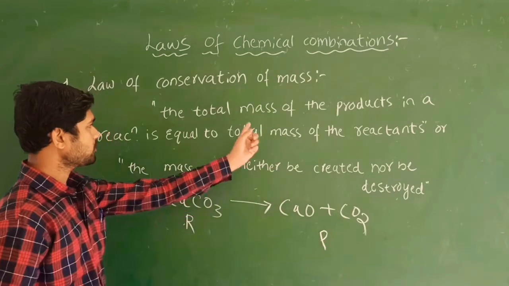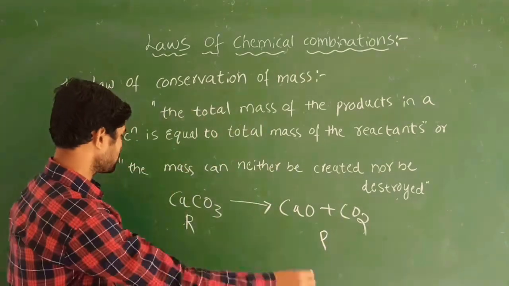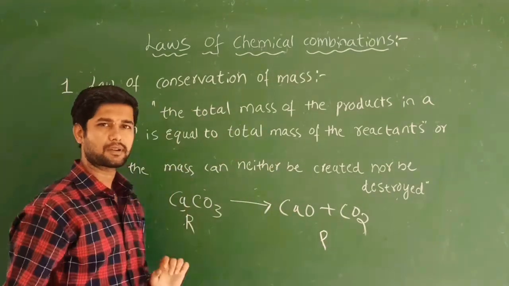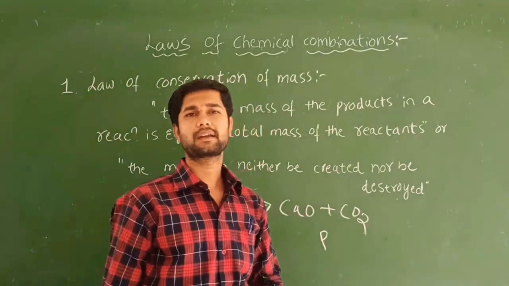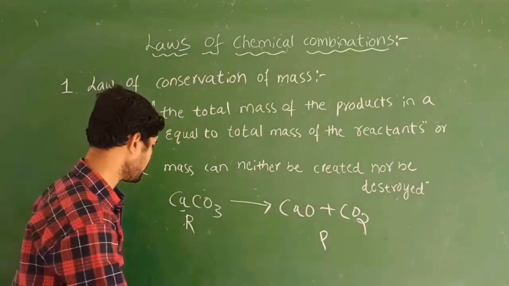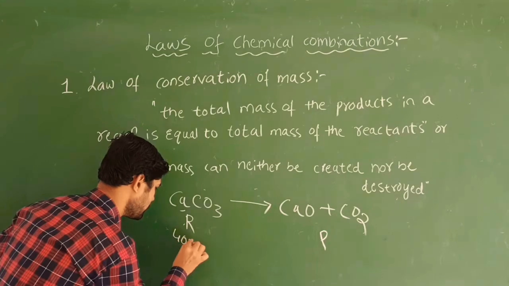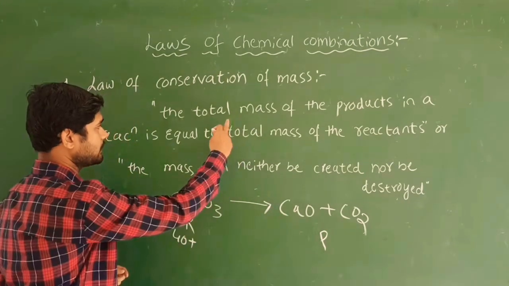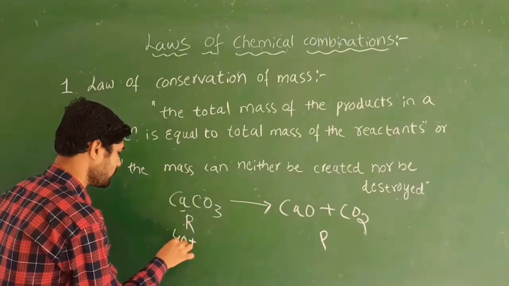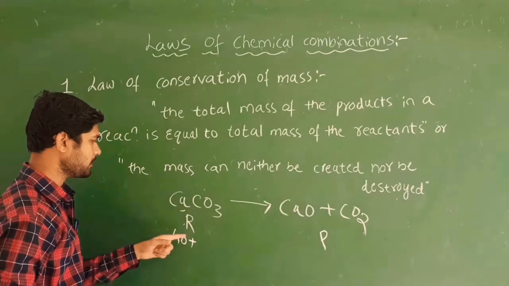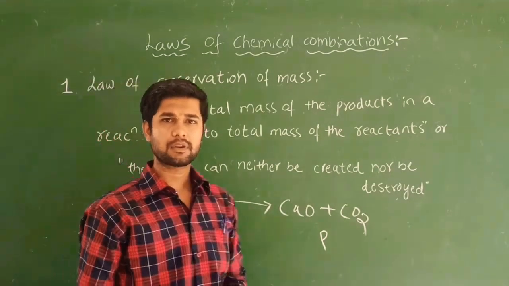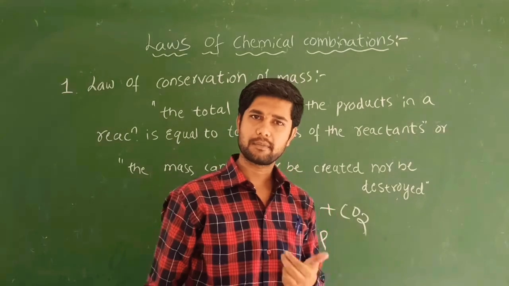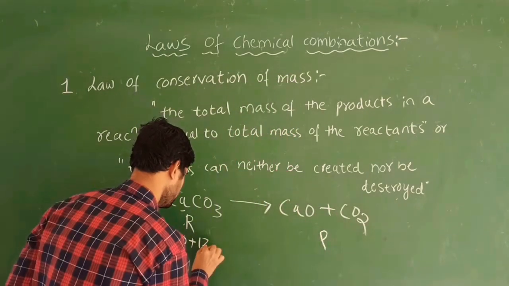So according to the definition, we can check the mass here. What is the mass of calcium? Calcium atomic number is 20 and atomic mass will be around 40. You should add them because they are telling total mass. Calcium is 40 plus carbon. Carbon atomic number is 6 and its atomic mass will be 12.